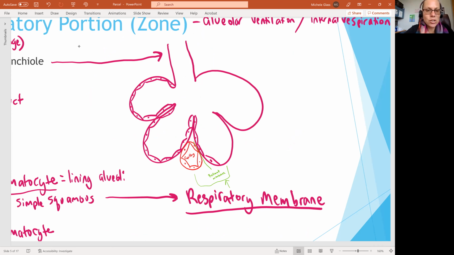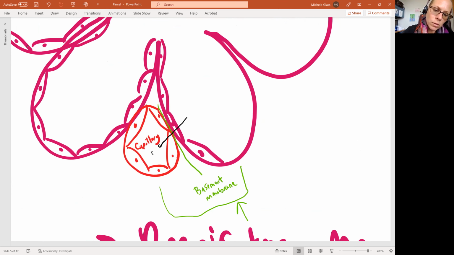And so this is actually the location where our gas exchange is occurring. And remember, we are expecting to see oxygen moving from the alveolus into the capillary, and then we're expecting to see carbon dioxide gas move out of the capillary and then into the alveolus. Alveolus would be the singular word.